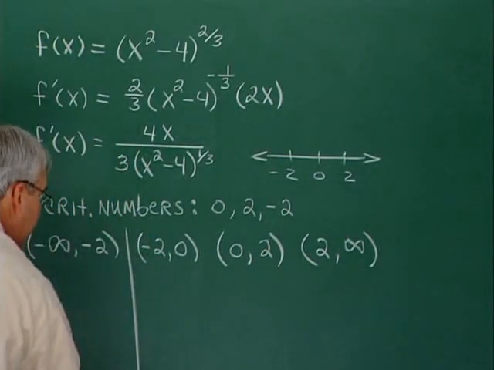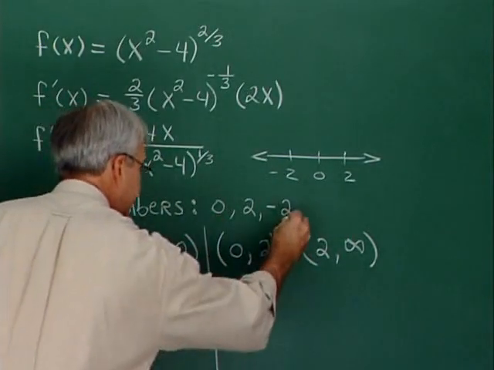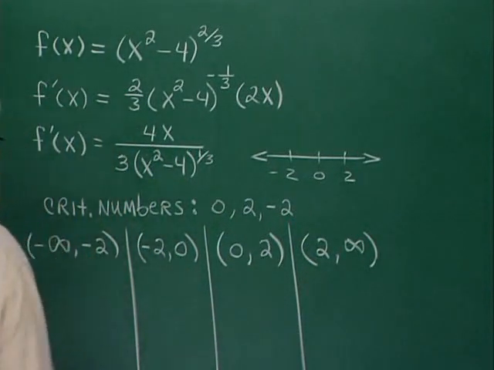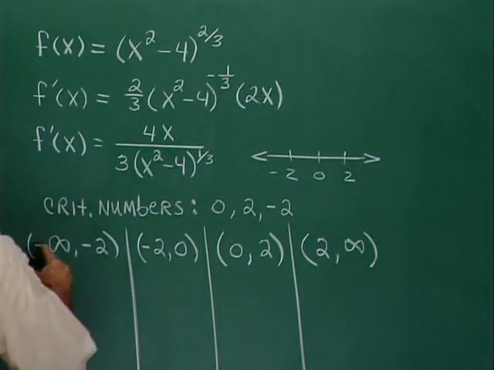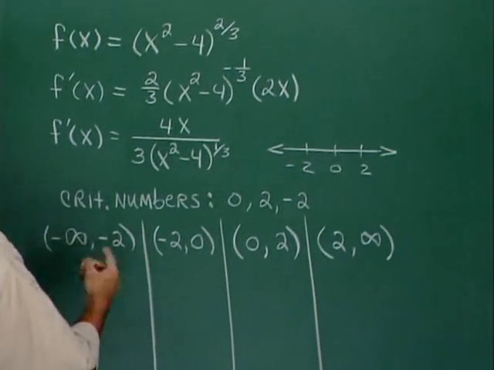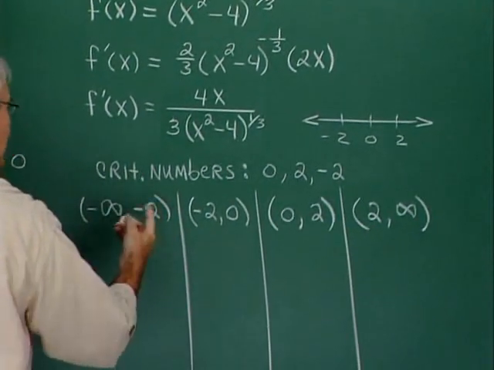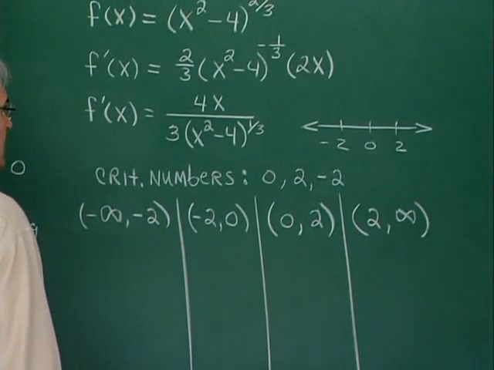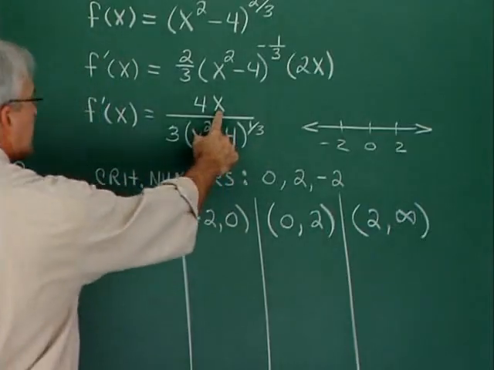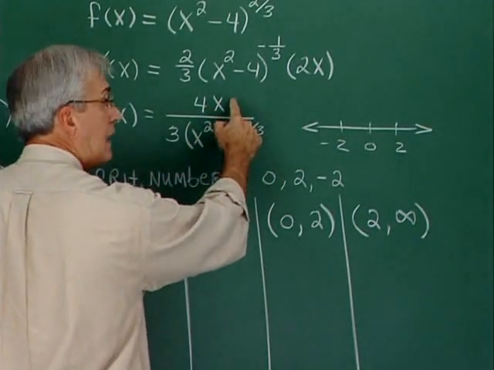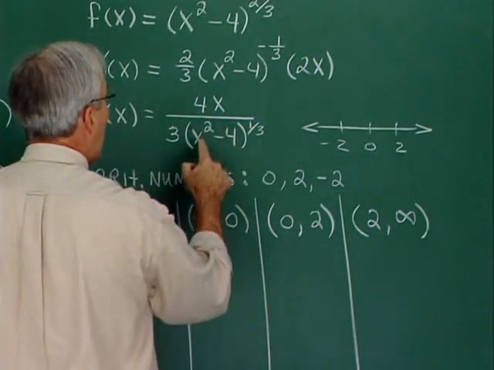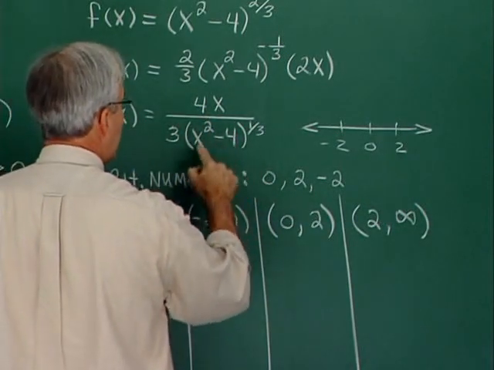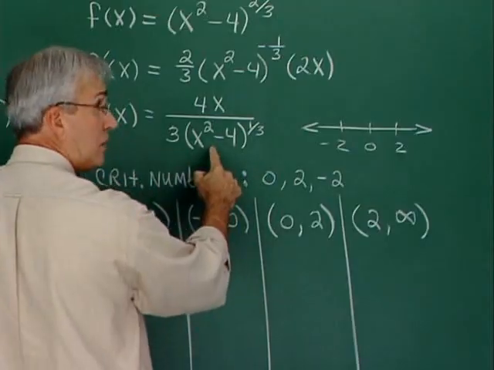Now, we would probably do something like this, and we're making decisions about f prime in this interval. We're thinking about numbers which are big negatively here. Big negative number. Now what happens to the f prime function in this region? Well, a big negative number would cause this numerator to be negative, and a big negative number squared is going to be a big positive number, minus 4, still positive. The cube root of that, still positive.